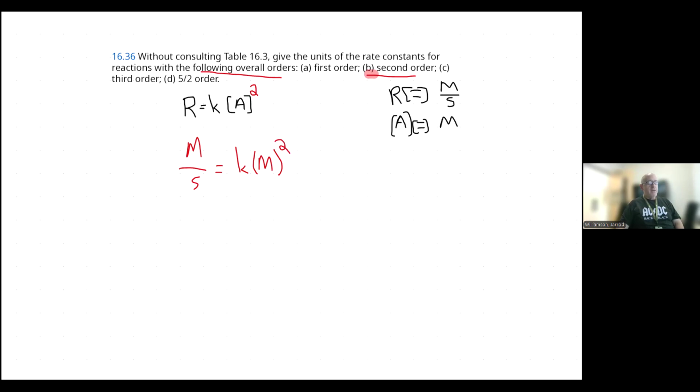Now then we solve for K. And we're going to have molarity per second times 1 over molarity squared. One of these molarities cancels with one of those, and we'll end up with K has units of molarity to the -1 seconds to the -1 when it is second order overall.